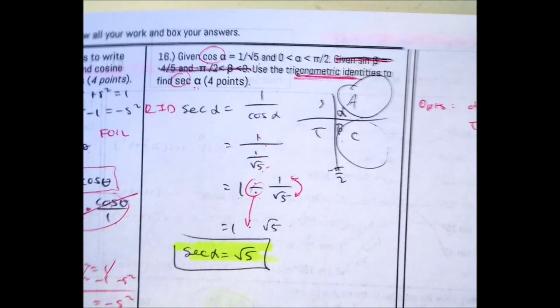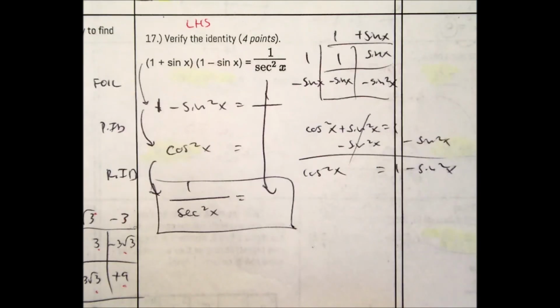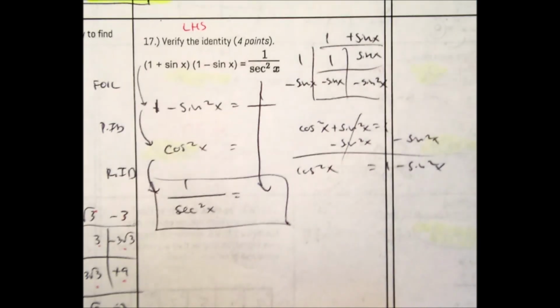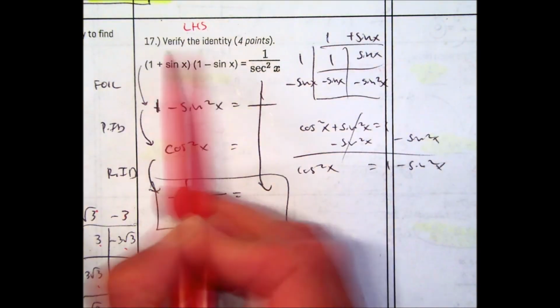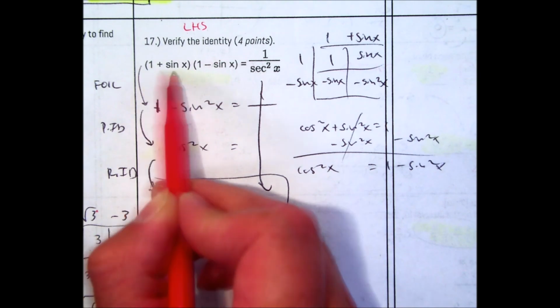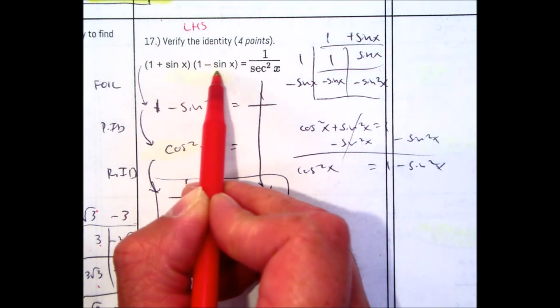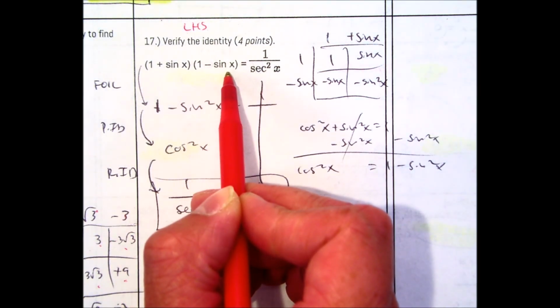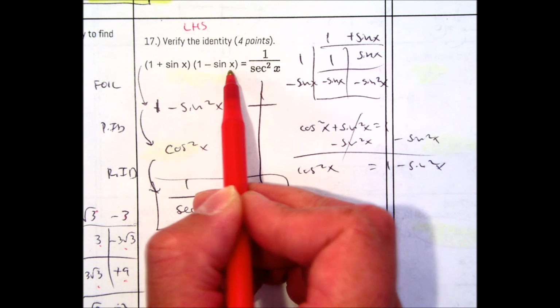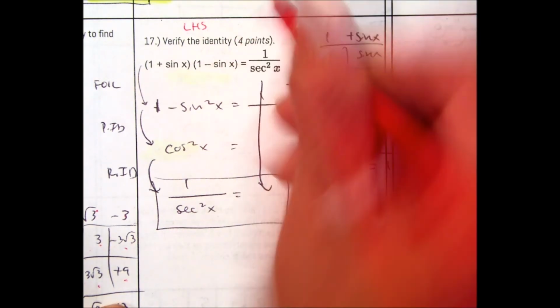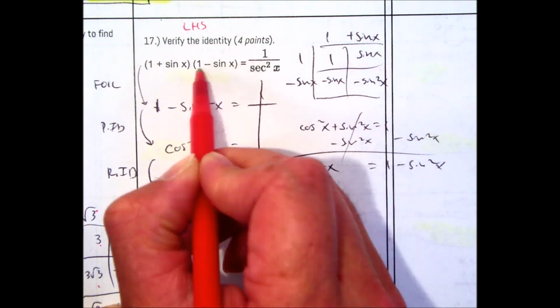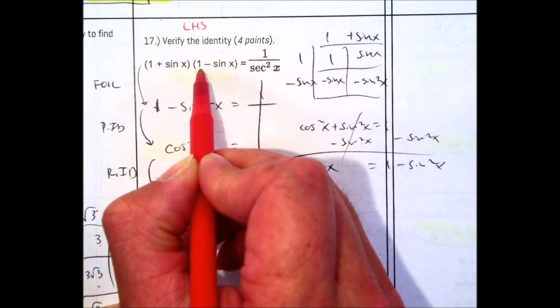Question number 17. You'll notice the problem is very, very similar to the other version. I decided to work on the left-hand side. So verify the identity. If I do 1 plus sine x, 1 minus sine x. Quick, I saw this apply about every 1 out of 5 papers. A lot of students thought this turns into cosine.